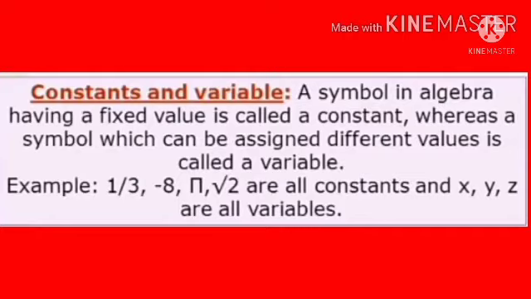Example, 1/3, minus 8, 5, π which is equal to 3.14, √2 which is equal to 1.414 are all constants, and x, y, z are all variables. Commonly variables are represented by small letters.